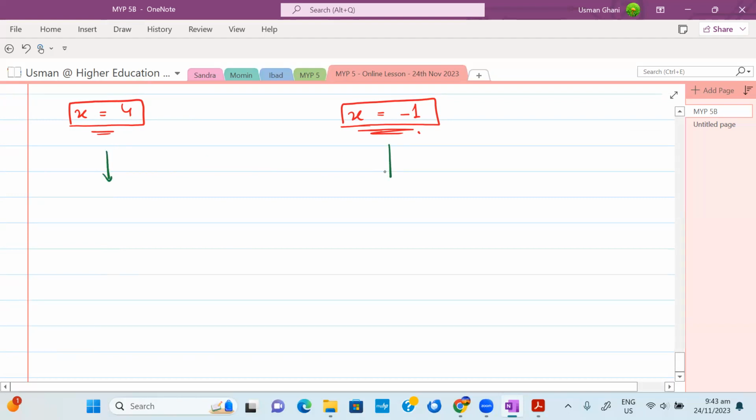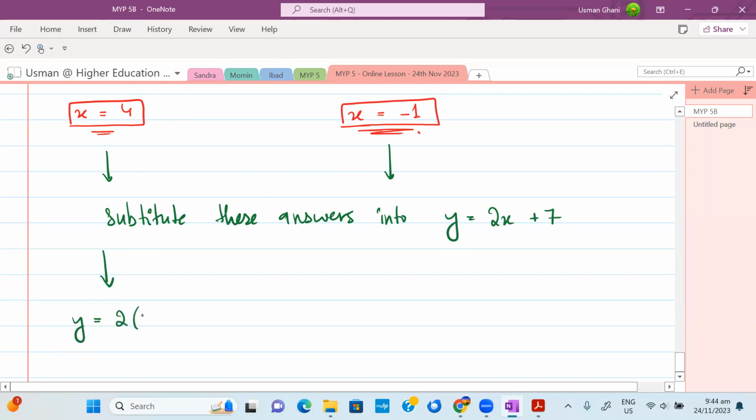सो सब्स्टिट्यूट दीज आंसर्स इनटू y is equal to 2x plus 7. When I do that over here, y is equal to 2x plus 7.